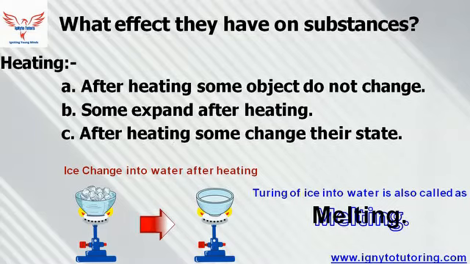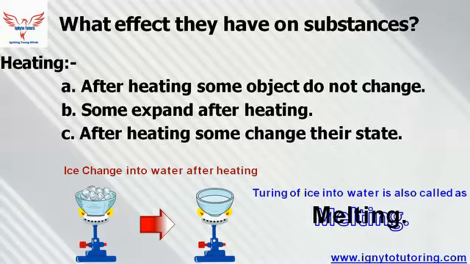Some substances expand after heating. The best example for this is iron. When we heat iron for a long time, we can see some kind of expansion. So iron is one of the best examples that expands after heating. Now next, after heating, some substances change their state. For this, the best example is ice.